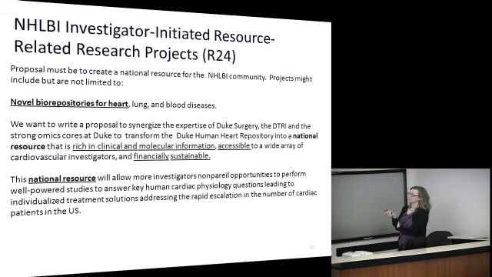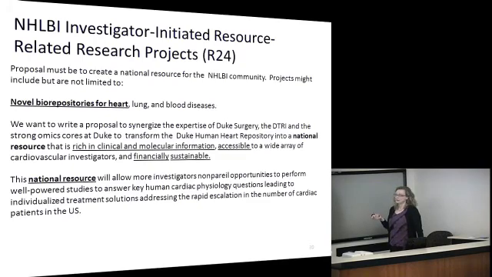And what we want to do is to write a proposal that synergizes the expertise of surgery, the DTRI, and the strong omics course here at Duke, and transform our institutional human heart repository into a national resource that is rich with clinical and molecular information and is accessible to a wide array of cardiovascular investigators, not just here at Duke, but nationwide, and something that is financially sustainable.